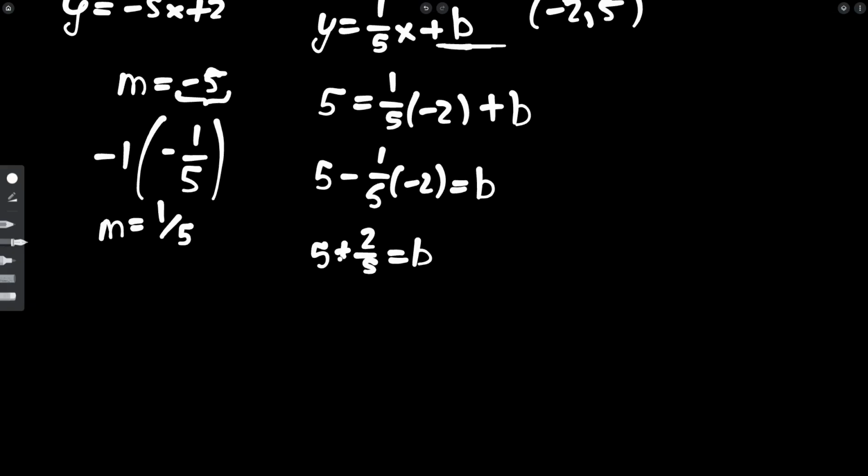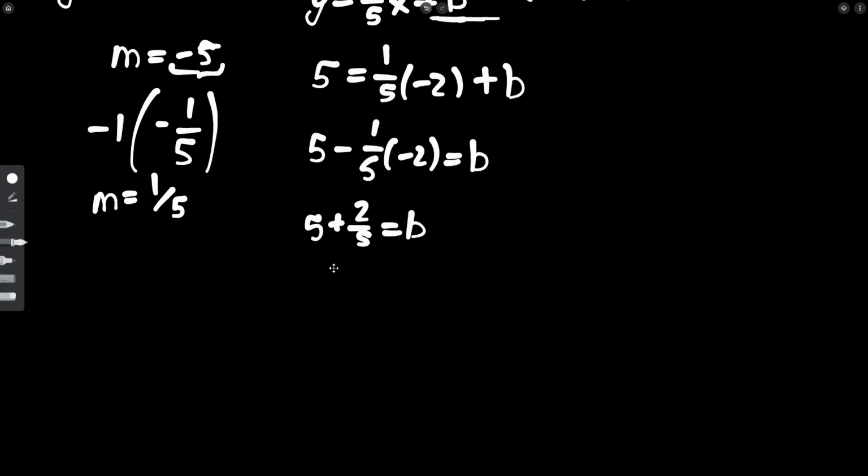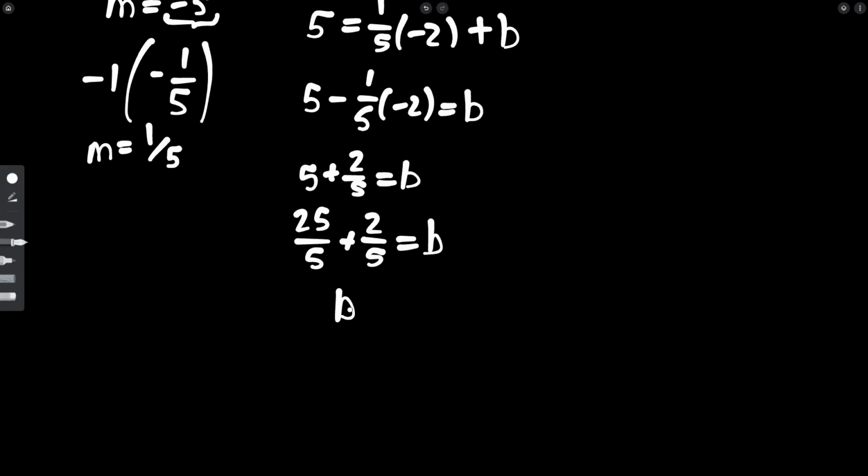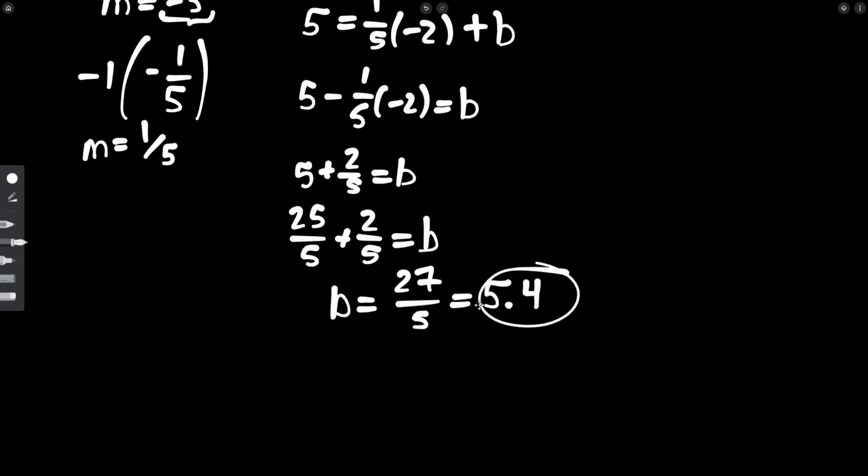We can set these denominators equal to each other. That would give us 25/5 plus 2/5, which gives us a final answer of b equals 27/5, or that's 5.4. So b equals 5.4.